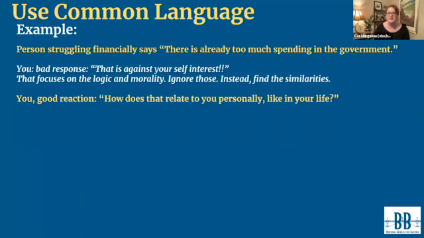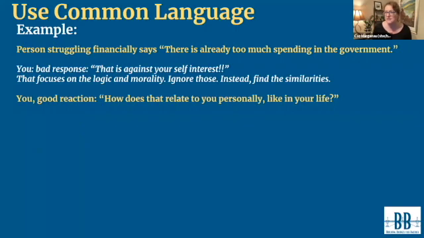You first immediately go to logic and morality. You want to just ignore those. Ignore that instinct you might have to argue or correct. Ignore all that. Instead, listen to what the person says and encourage them to share more, so you can really find out what those similarities are between you and that person.